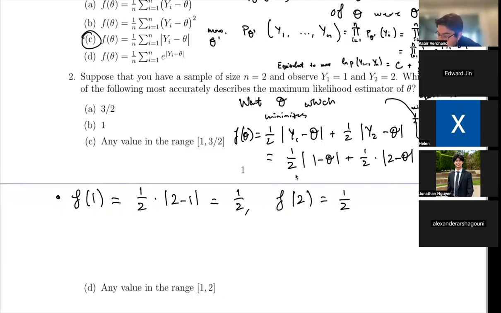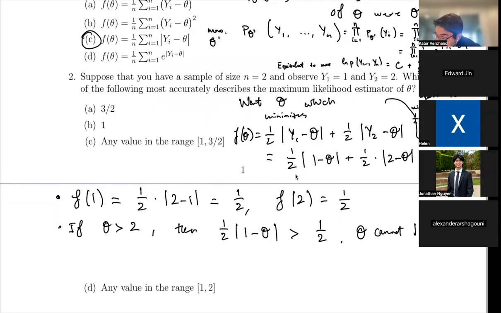So let's see what happens if theta is greater than 2. Then 1/2 times the absolute value of 1 minus theta is going to be greater than 1/2, and the other term is always positive. So theta cannot be a minimizer.